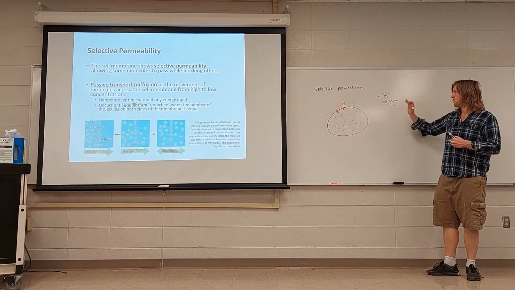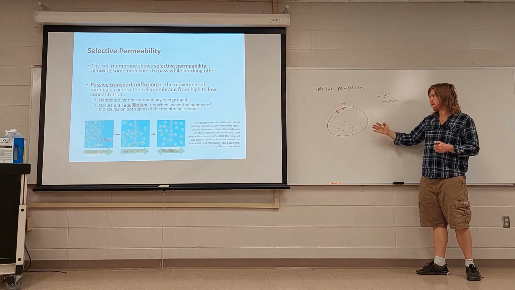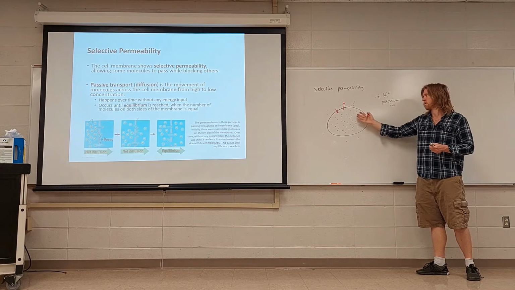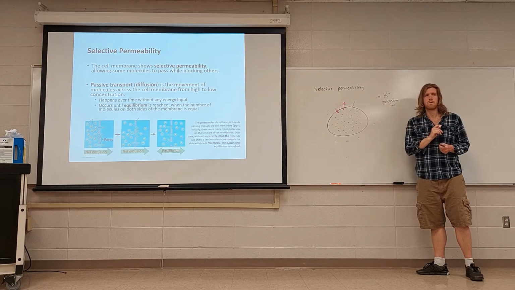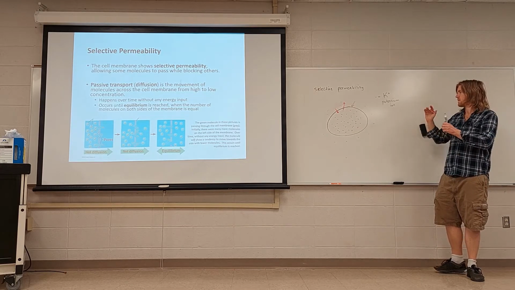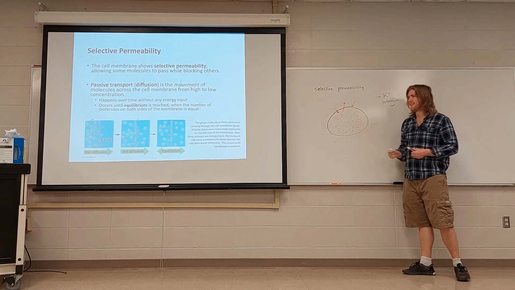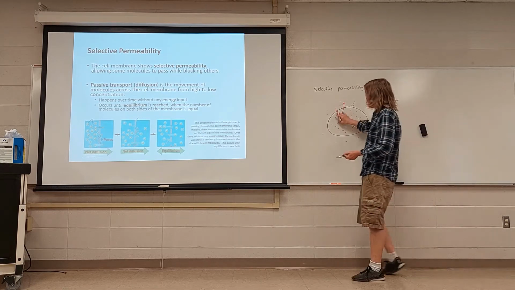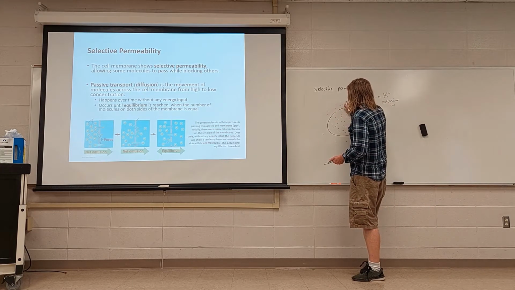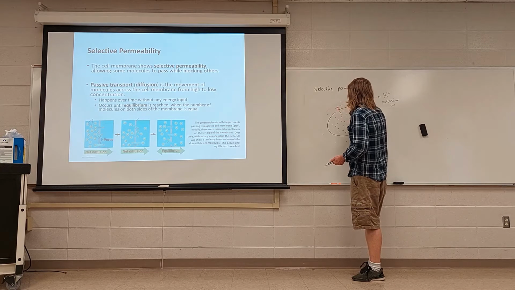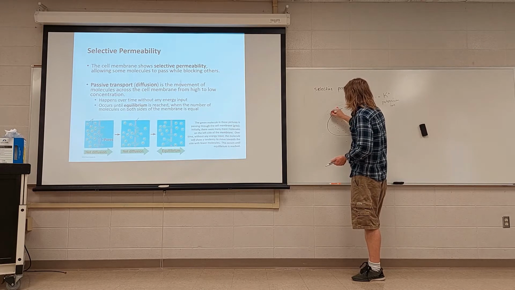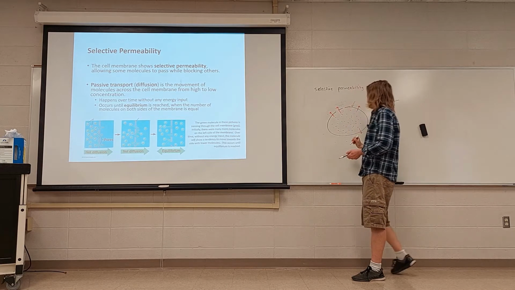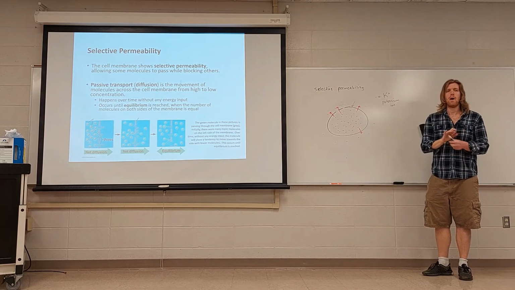So if you were to have this cell, and this was your starting point in terms of potassium ion distribution, if you were to just let this thing be, let time pass, what's going to happen is that there's going to be an overall movement, a net movement of potassium ions out of the cell.